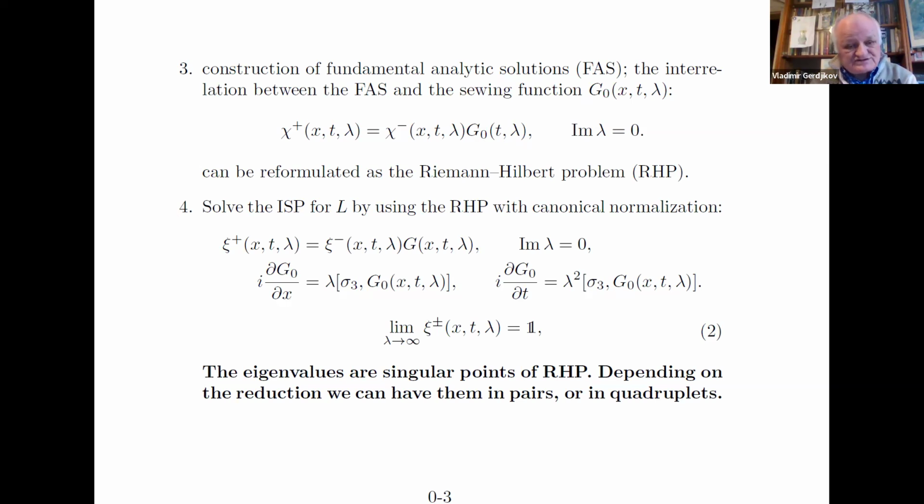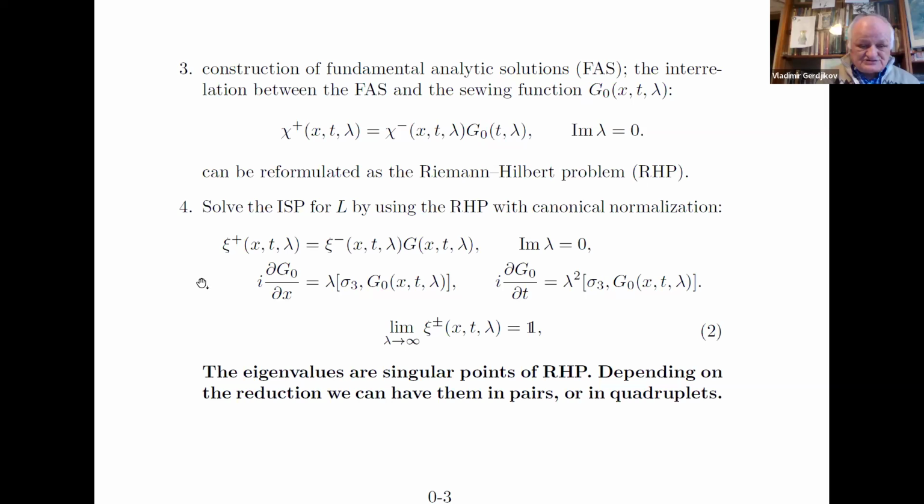The last step is to solve the inverse scattering problem for L using the Riemann-Hilbert problem. This relation here can be interpreted as a Riemann-Hilbert problem with canonical normalization. And actually, to have canonical normalization, we have to introduce psi plus and psi minus, which are related to chi plus and chi minus by elementary exponential factors.